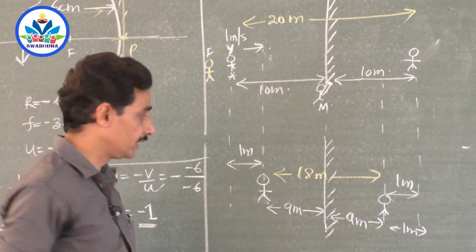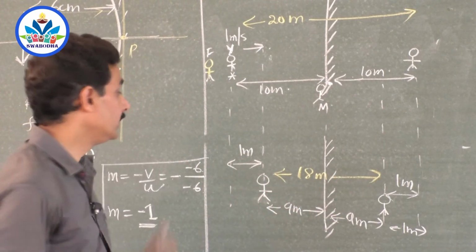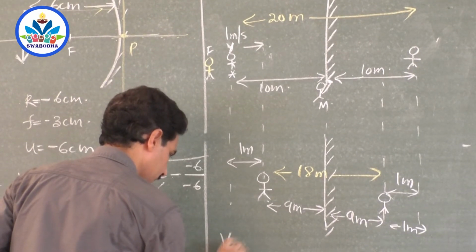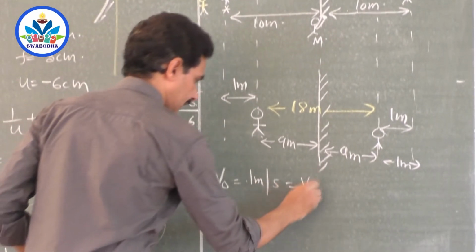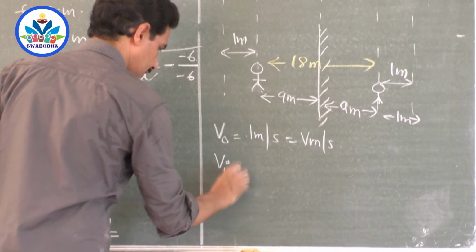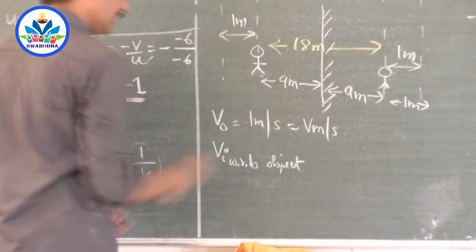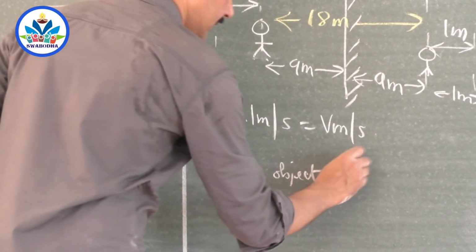So what do you feel? You feel that the image is running towards you at 2 meters per second. So if the speed of the object is v meters per second, then the speed of the image with respect to the object, this is very important, is equal to 2v, right?